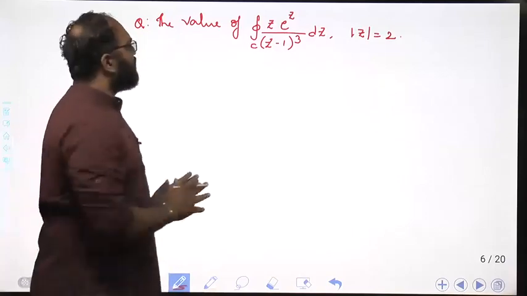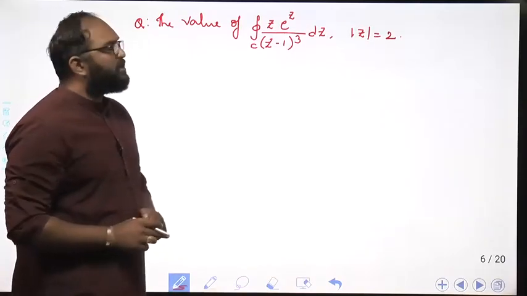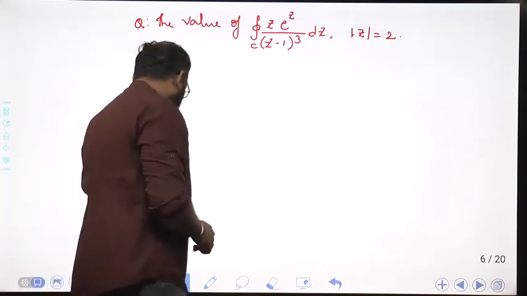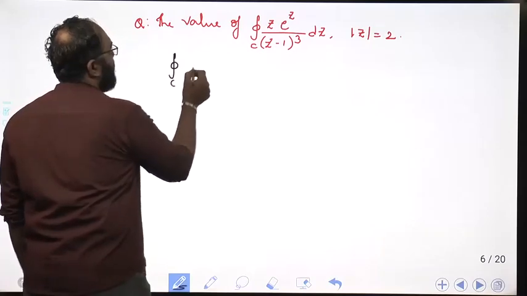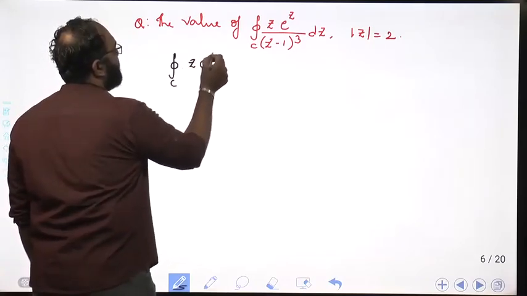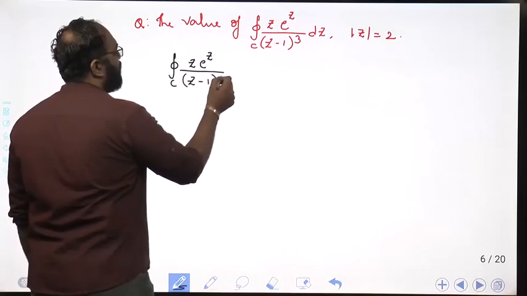Clear? So this is the value he is asking for.